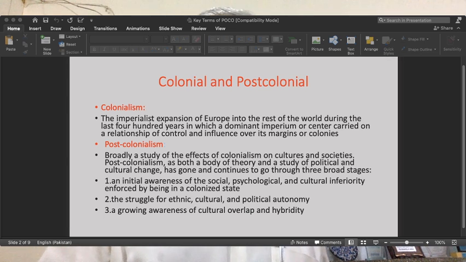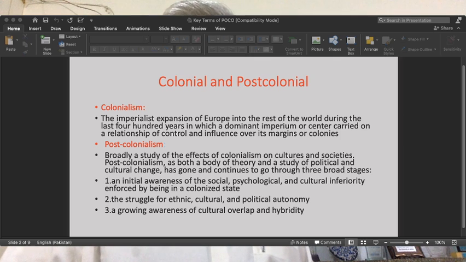So colonial must be read, first of all, as the imperialist expansion of Europe into the rest of the world during the last 400 years, in which a dominant imperium or center carried on a relationship of control and influence over its margins or colonies. So colonialism and imperialism seem to be very much related to each other.